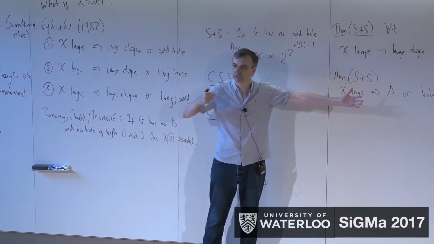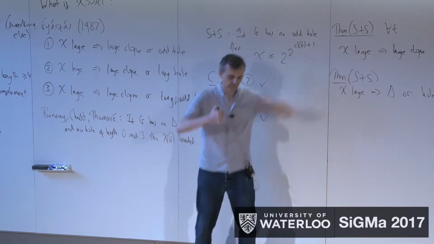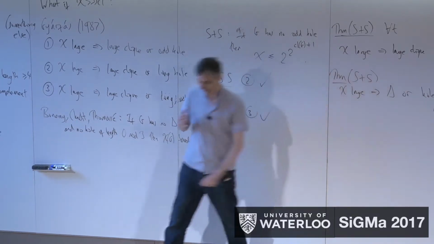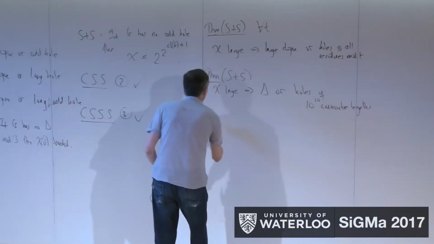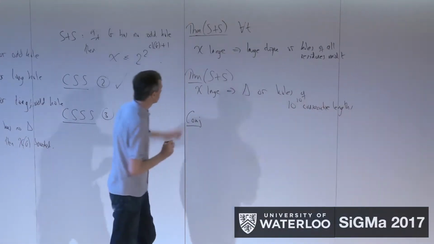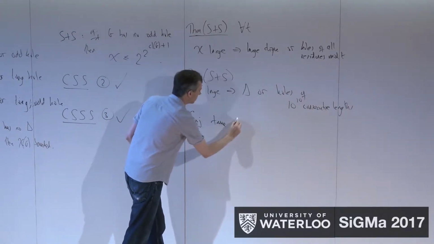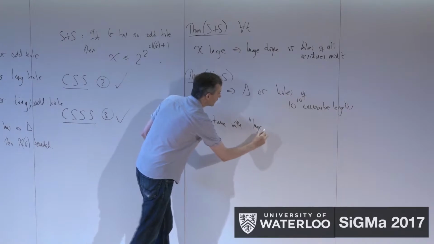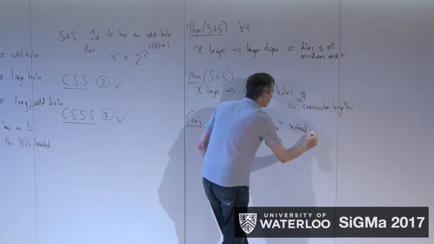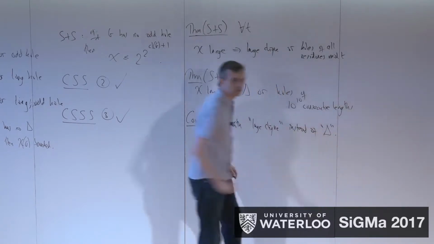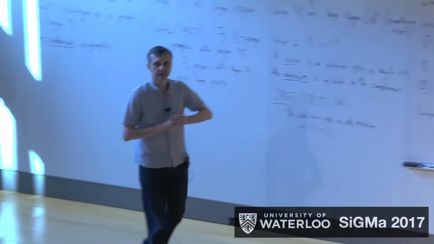So for the missing hole lengths, somewhere there's a big jump where you have lots of holes. Okay, so we conjecture that this should be true with large clique instead of triangle. That probably won't come from our techniques as they currently stand.